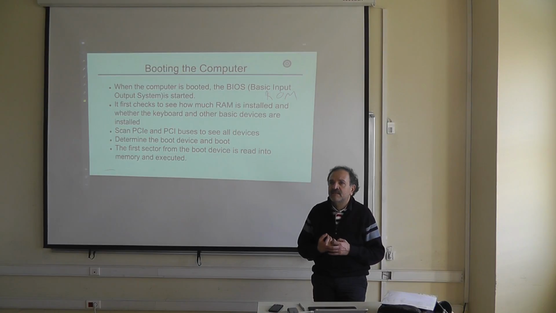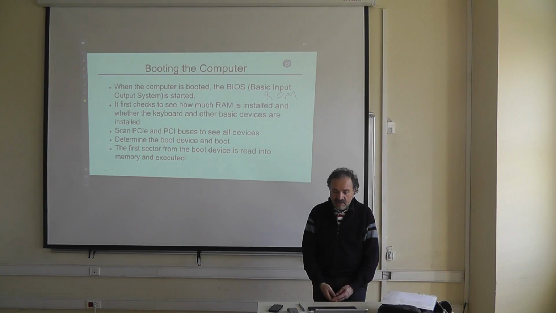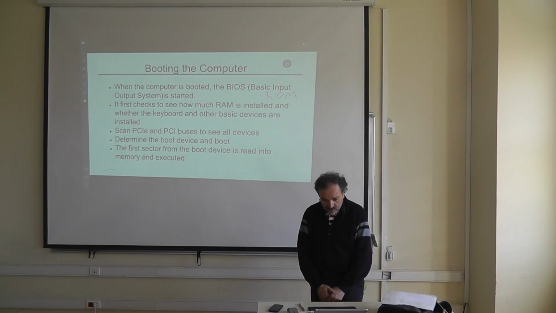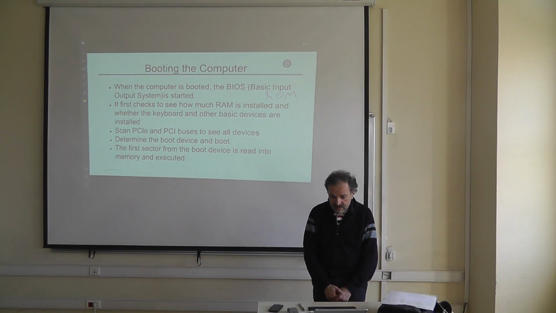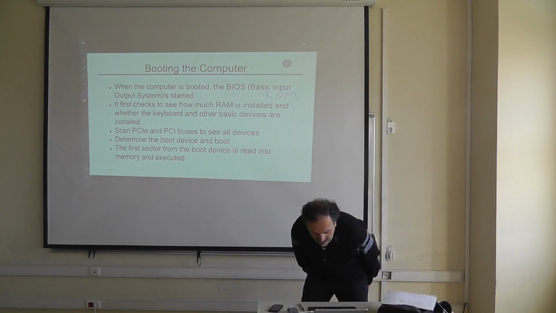The operating system has to be loaded to the memory. So it makes that decision. It could be either the USB flash drive, or the hard disk drive, or sometimes from the network. You might load your operating system from the network.